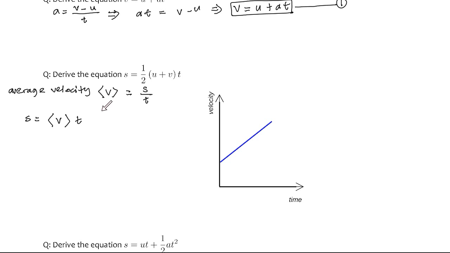So for example, if the object is accelerating at a constant rate, and it starts with an initial velocity U and then goes to a final velocity V, the average velocity would be the halfway point between the initial velocity and the final velocity.